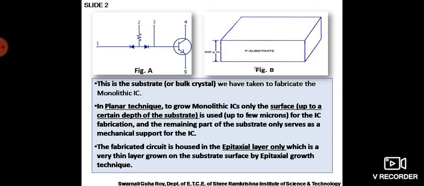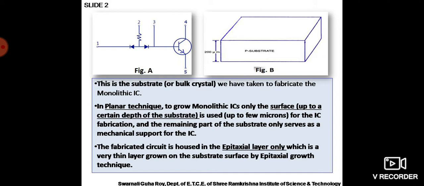The IC fabrication process that I will discuss in this lecture is a planar process. That is, in the planar technique, the monolithic IC is fabricated on the substrate surface.